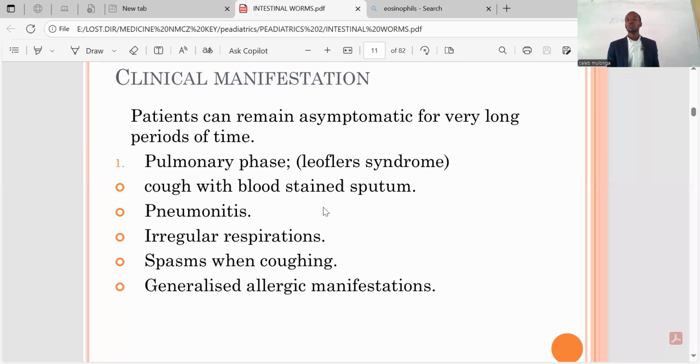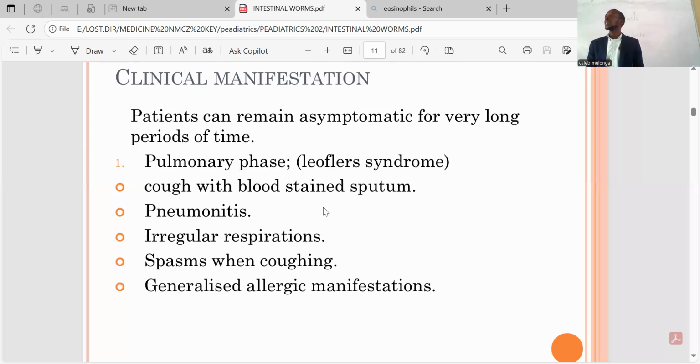Number two, we have pneumonitis. When we talk about pneumonitis, we are simply talking about inflammation of the lung tissue.